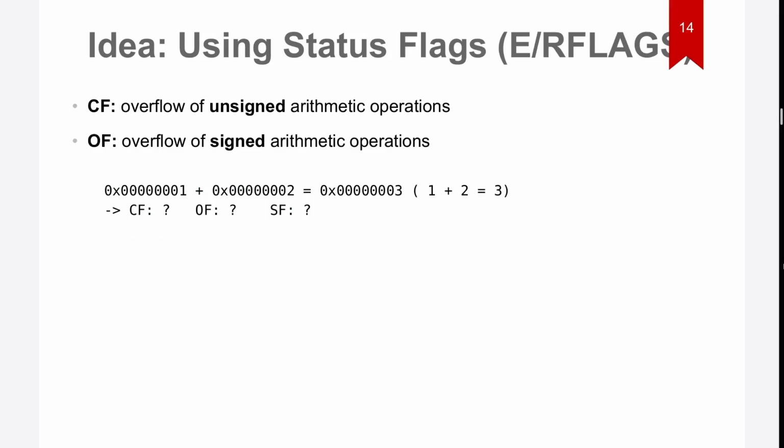However, we might want to check in subsequent instructions whether an overflow occurred, and whether an overflow occurred is different for signed and unsigned values that we do arithmetic with.